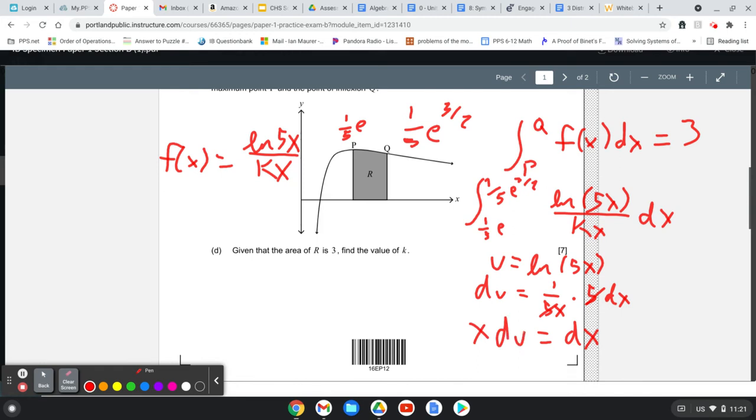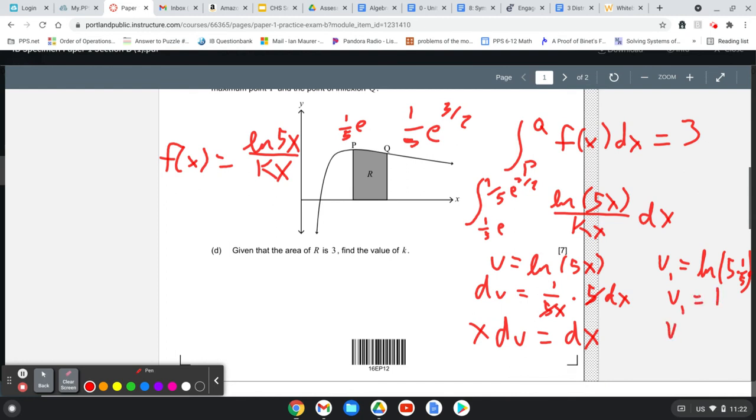The other thing I would suggest doing is redoing your bounds of integration. So if I plug in 1/5 e, that's an x value, my first u, my lower bound, is going to be the natural log of 5 times 1/5 e, and that just becomes 1, because the natural log of e is 1.